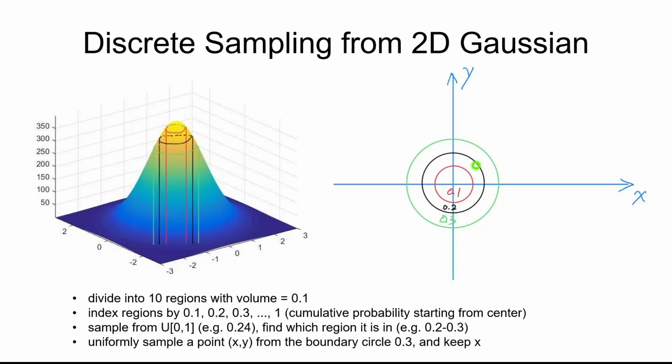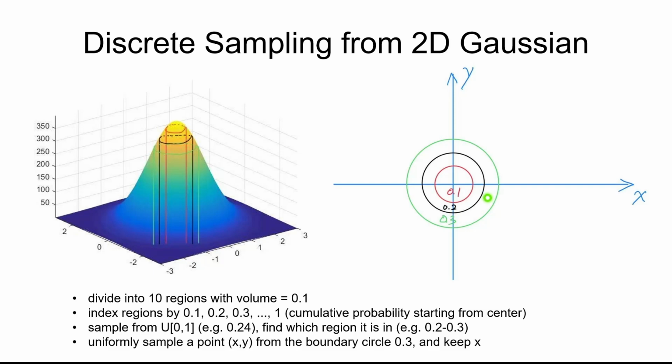Because each region has the same volume, it has equal probability of being sampled. So we can sample from a uniform distribution 0 to 1. For example, if we select 0.24, then we can find which region it is actually in. So 0.24 is actually in region 3, which is between the black and green, somewhere here.